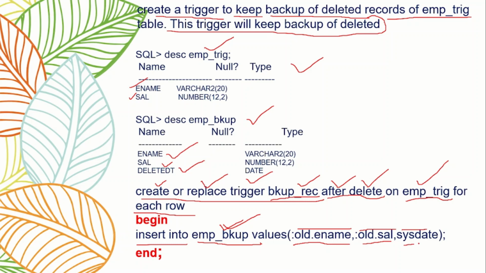This is sysdate. It will be automatically fetched from the system. This old means we are referring to table data. And we all know that the trigger will be fired one by one for each row deleted, and thereby it will create as many records as have been deleted by the delete command.